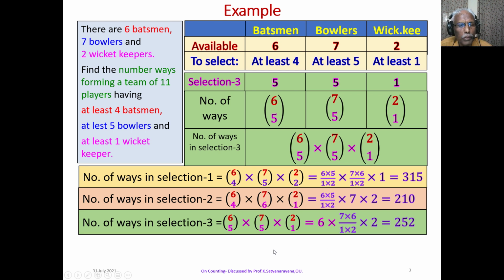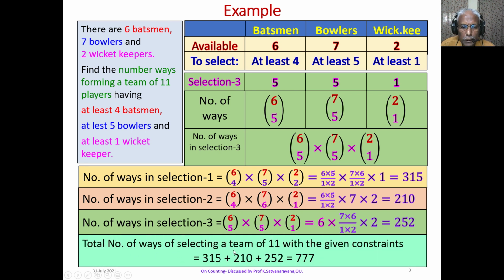By the addition rule of counting, the total number will be by adding all these three. So the total number of selecting a team of 11 with the given constraints, that is at least 4 out of 6 batsmen, at least 5 out of 7 bowlers, and at least 1 out of 2 wicket keepers, is 315 plus 210 plus 252 by the sum rule of counting.